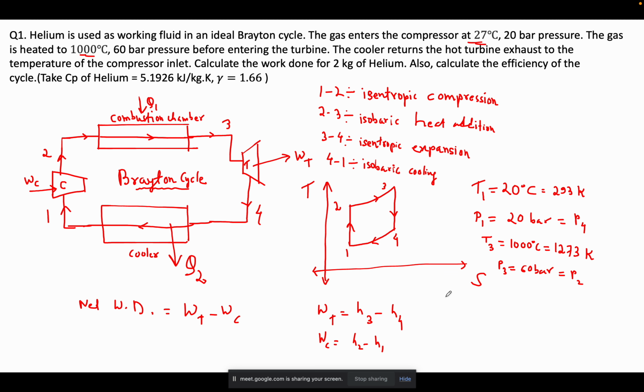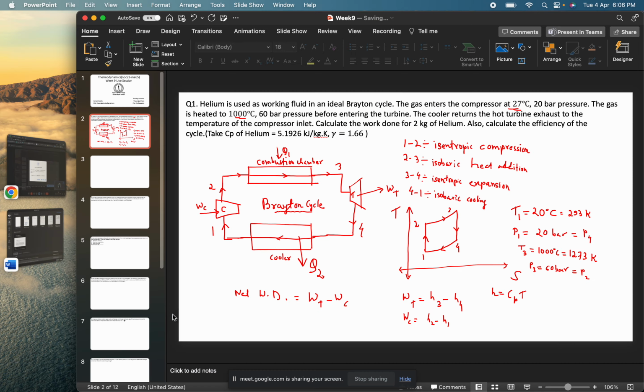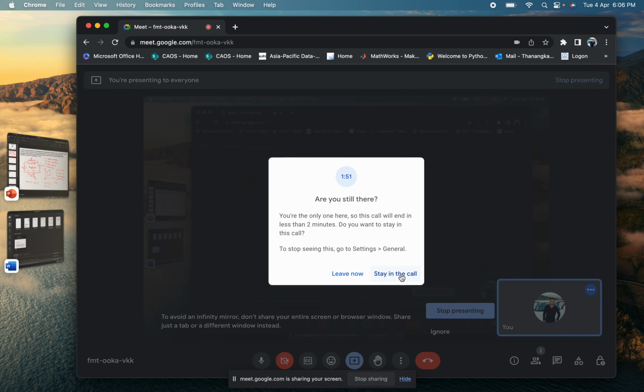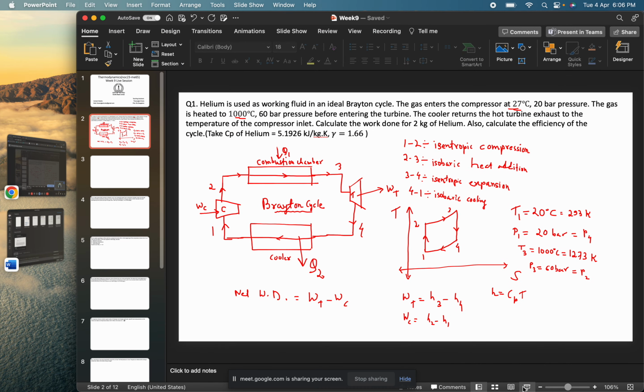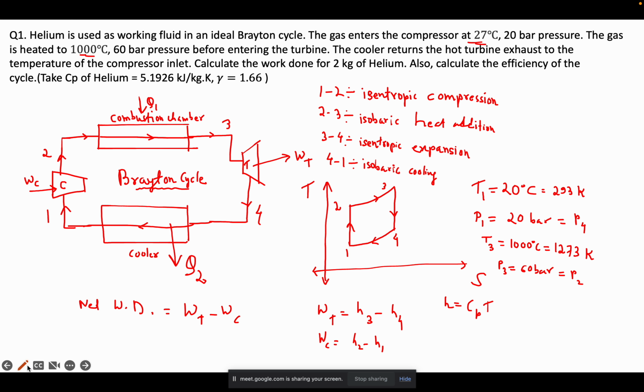For an ideal gas, enthalpy is equal to Cp into T, and Cp is given to us.